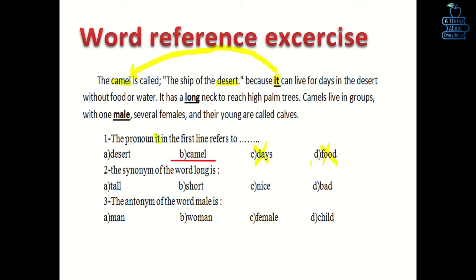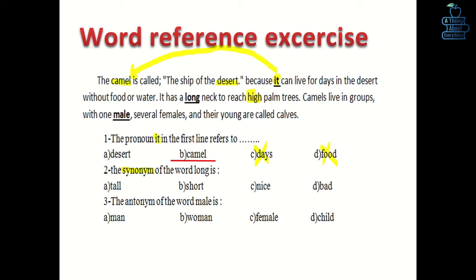Okay. Now number 2, the synonym of the word "long" is... We practice doing the synonym, okay? That means I want another word that means the same as "long." We have to read before and after to understand the meaning of it. "It has a long neck to reach high palm trees."